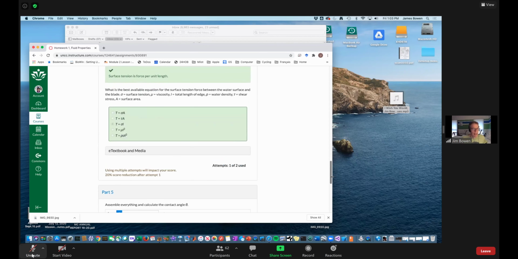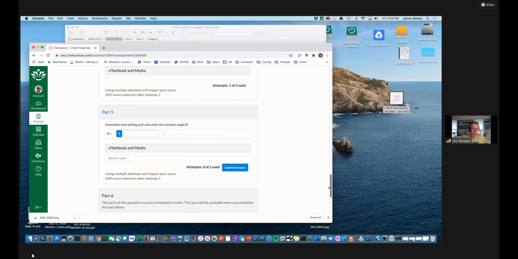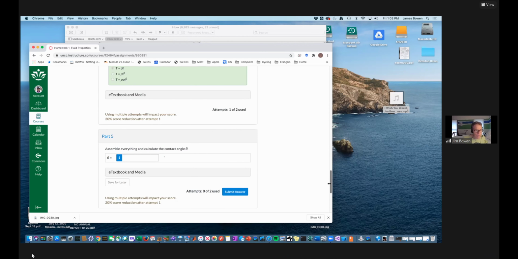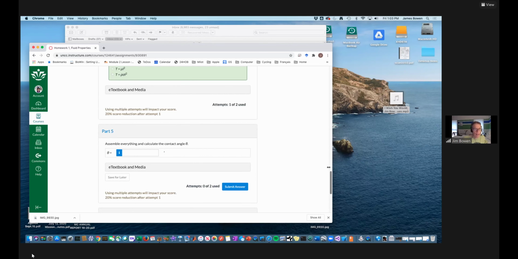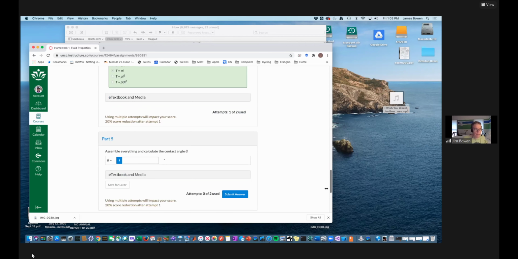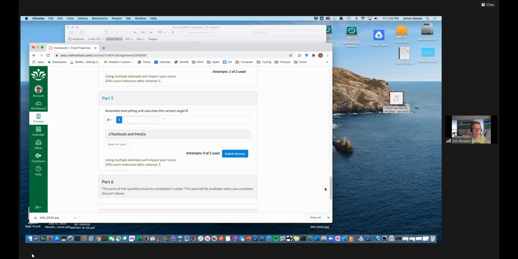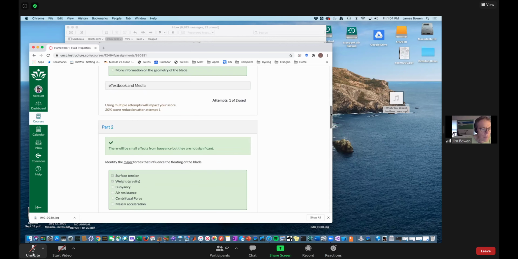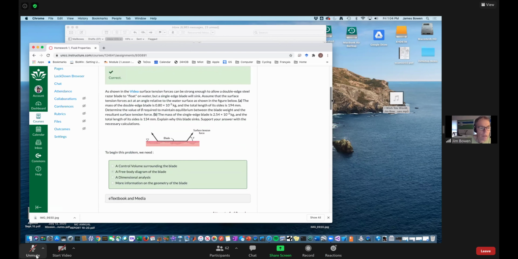Assemble everything and calculate. Okay, so now we finally put it together. Do they give us values? We're working part 5 now, right? Oh, okay.